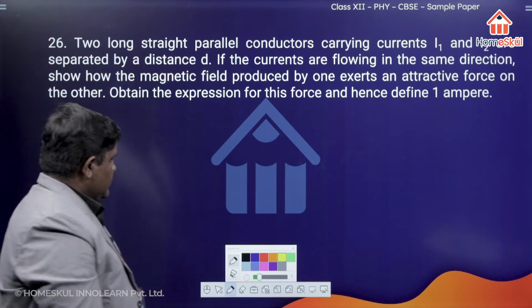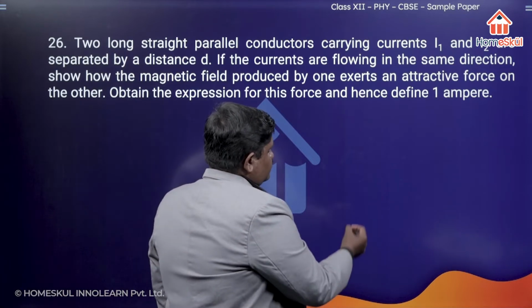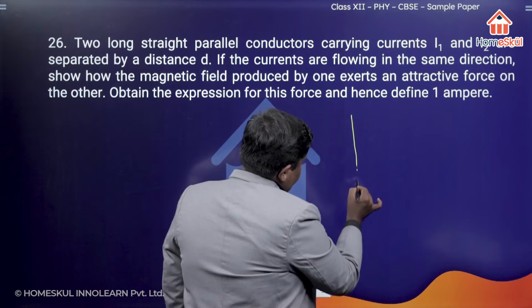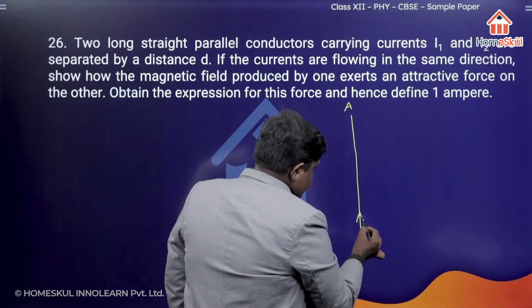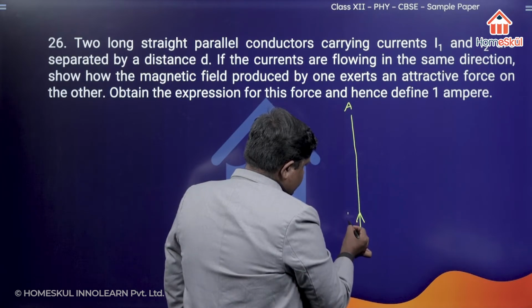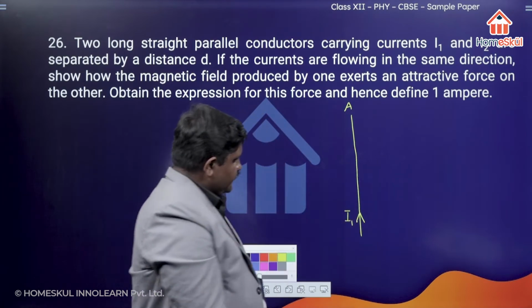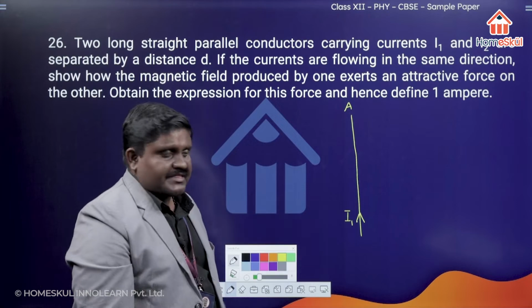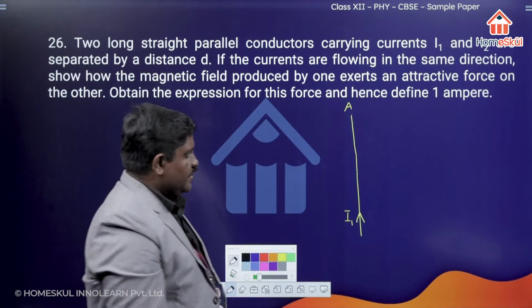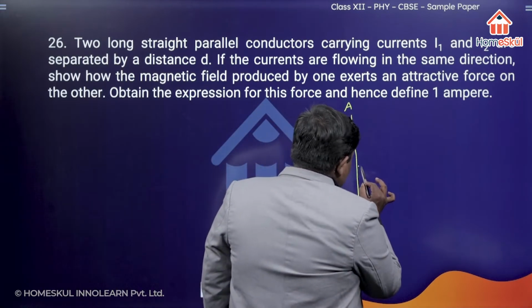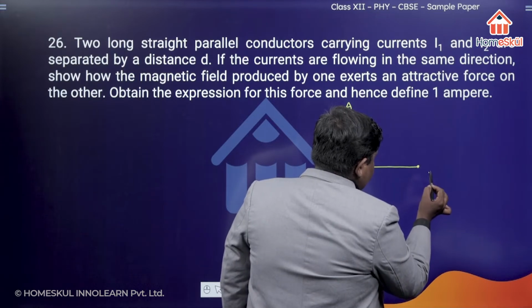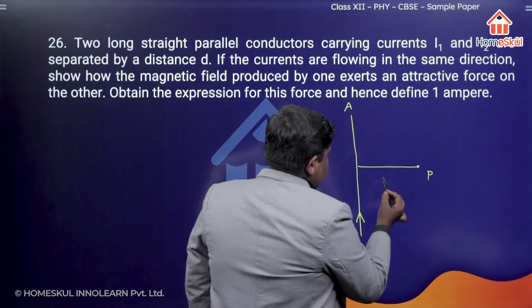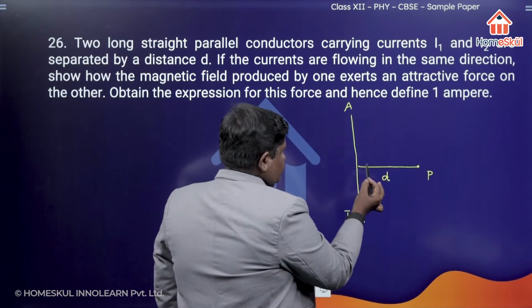First of all, we have to consider two current carrying conductors. Let it be A, carrying current in the upward direction. Let the current in this conductor be I1. Now let us consider a point P which is at a distance d from the conductor.